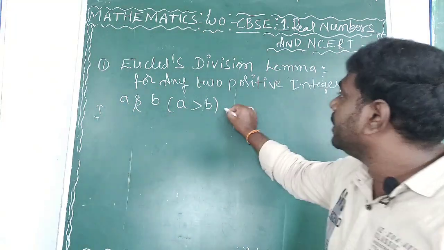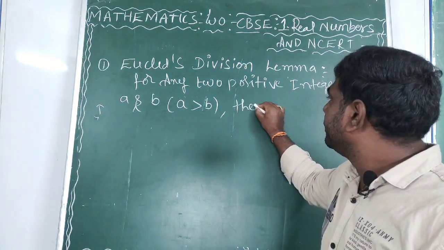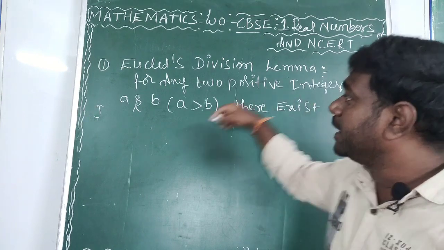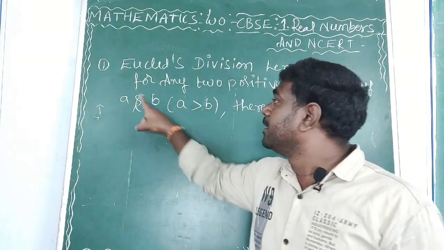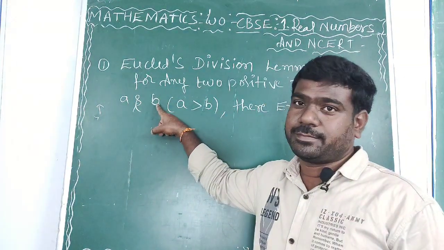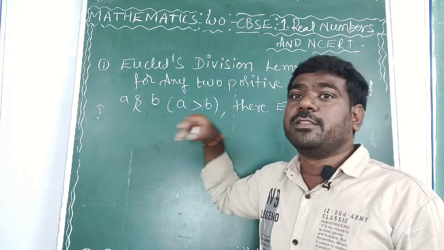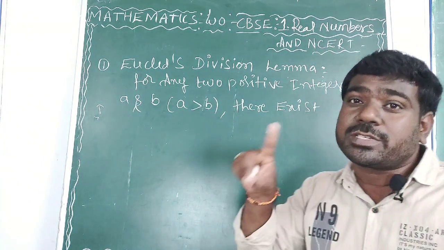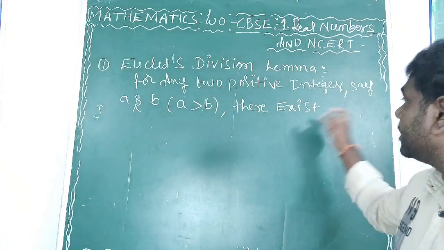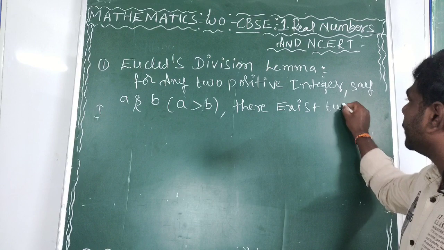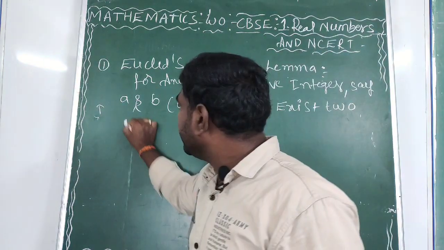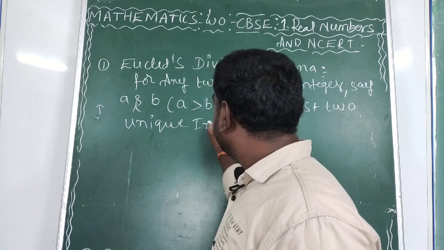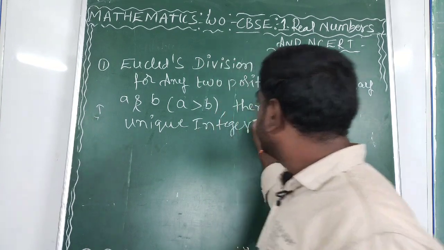Now there exists, meaning if I divide A divided by B, then we will get two numbers, I told na. What are the two numbers? Quotient and remainder. There exist two unique integers.